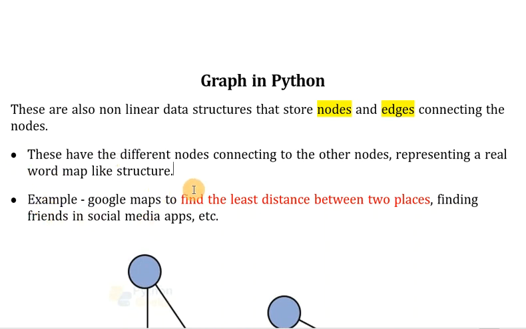To find the friends or mutual friends, the algorithm is used with the concept of graph itself. With the help of the graph, there are some algorithms that can find the shortest distance or the nearest node. We will check its implementation in the coming episode, where we are going to create a Python program and understand how these are practically feasible and how we can use them in our program to solve a given problem.